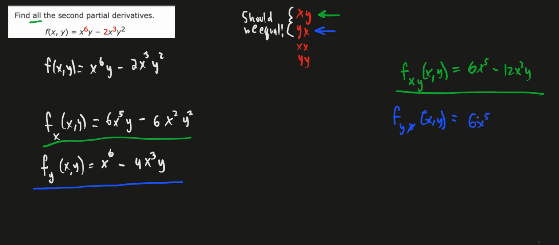It's with respect to x, not y, and then minus 4y times 3x squared. So it's 12x squared y. That makes a little bit more sense, because I remember I promised you that we would have the same result for both of these. Indeed, they're equal.